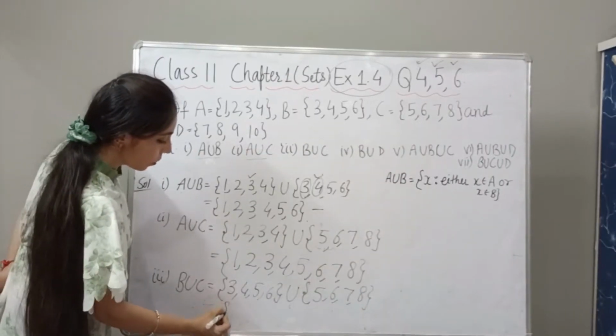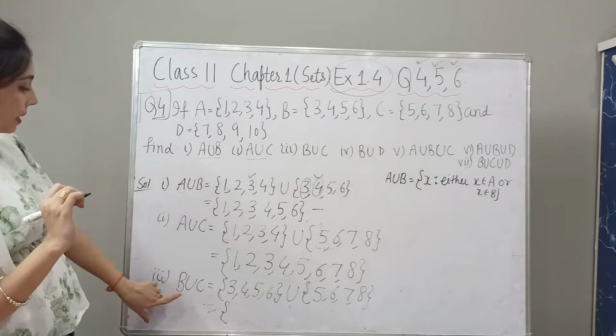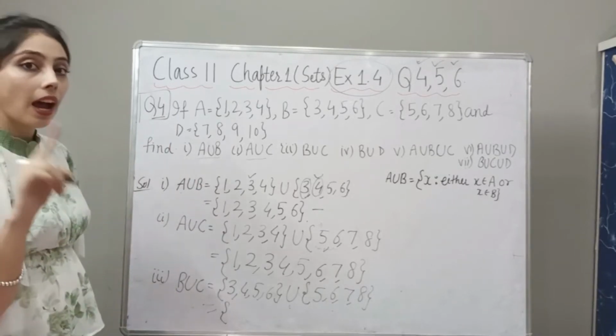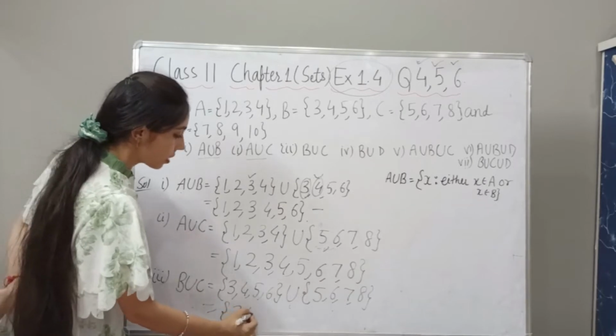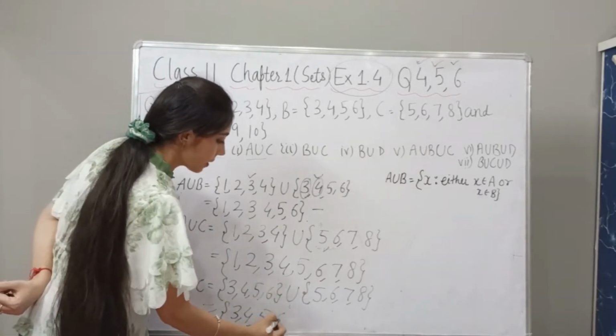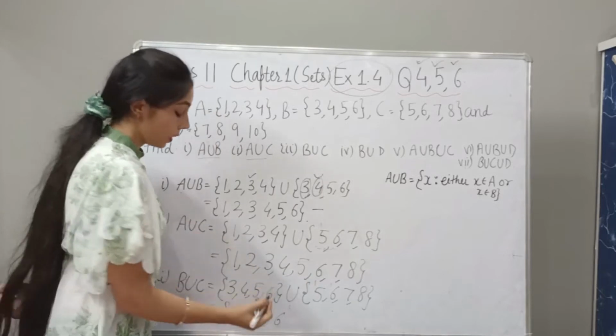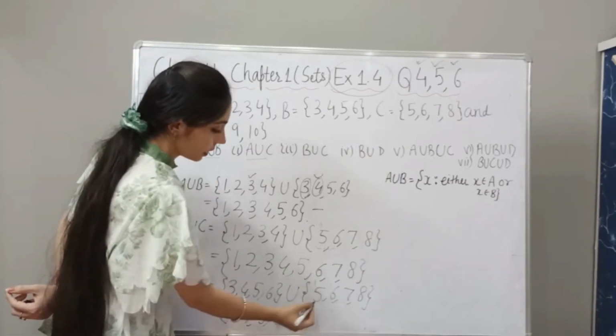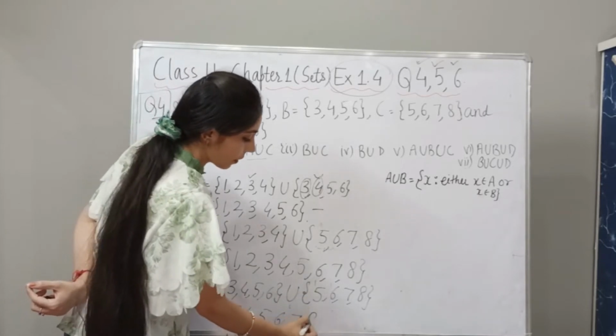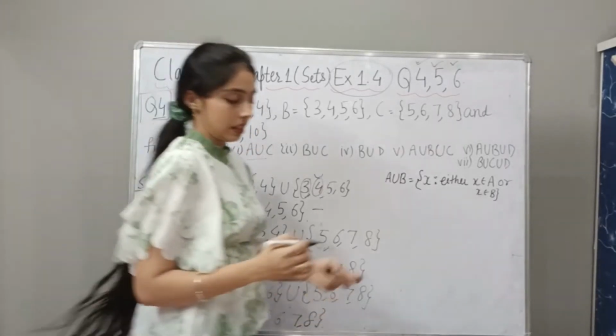So the elements in B union C are those which are either in B or in C. So we will write 3, 4, 5, 6. Here 5, 6 is repeated, so we can't write it 2 times. We will skip these two elements and write 7 and 8.